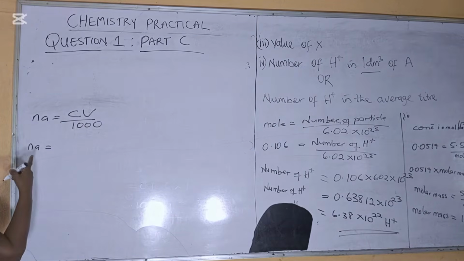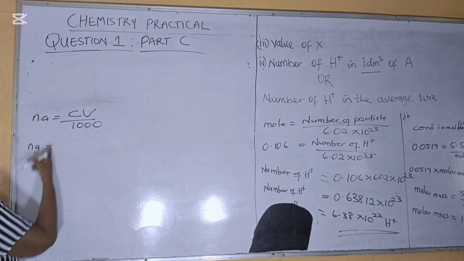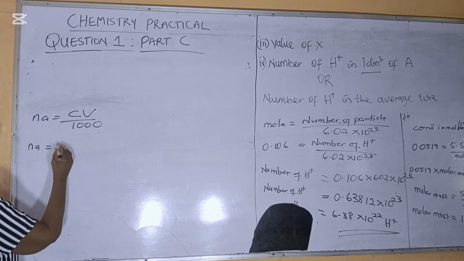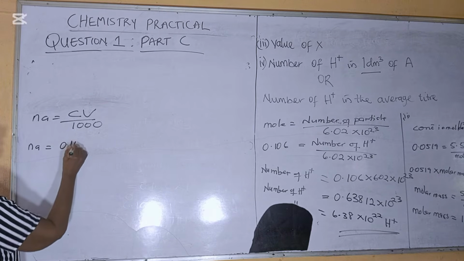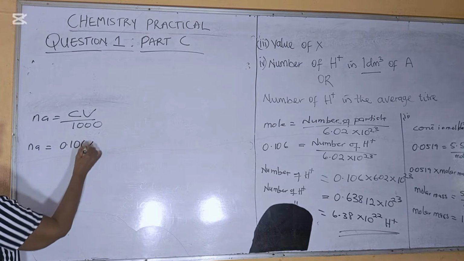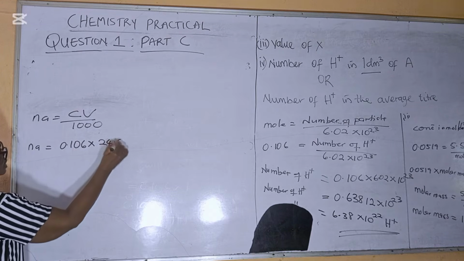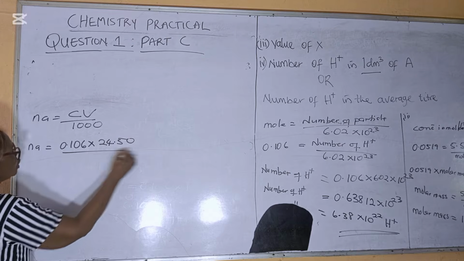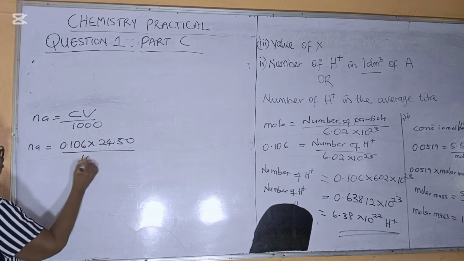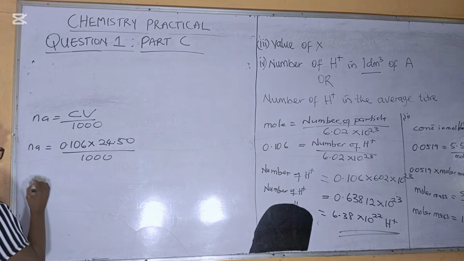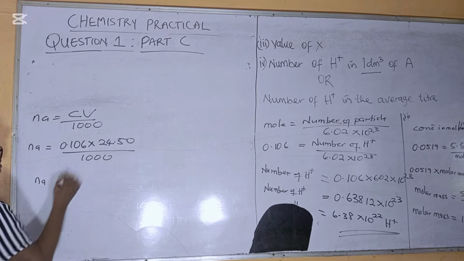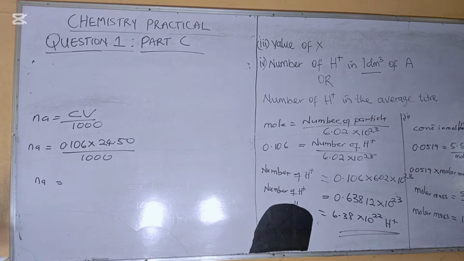So we have to substitute for Na. So we have C is 0.106 and V is the average titer. Mine is 24.50. Use your own. Then this is 1000. Therefore, Na is, let's evaluate it.